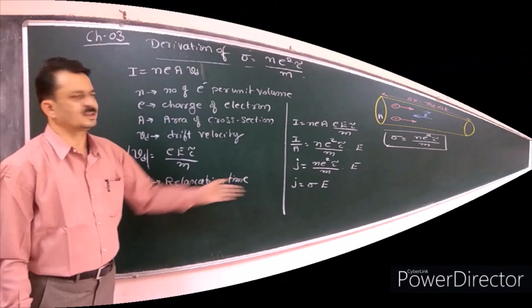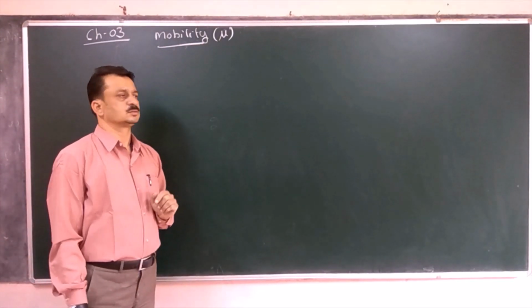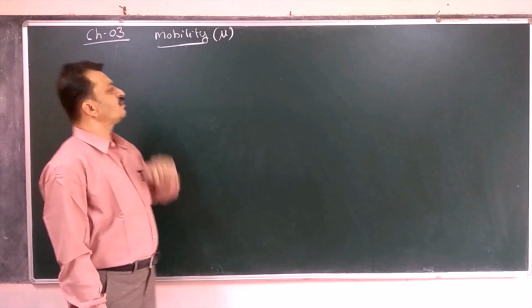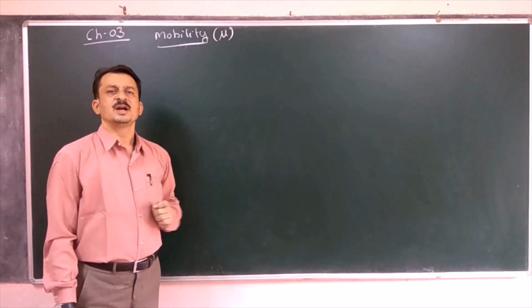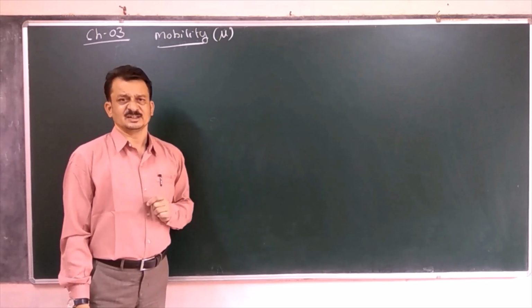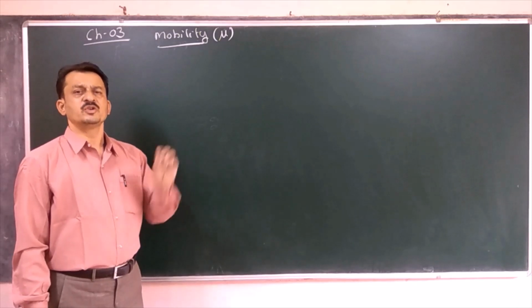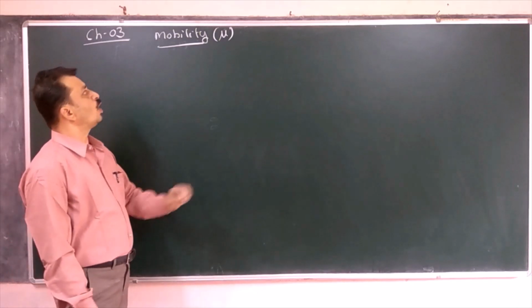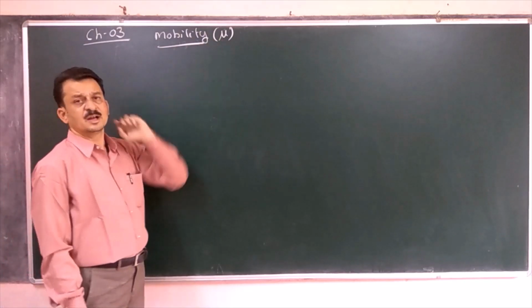Simple derivation. Next concept, mobility of an electron. Mobility of an electron is defined as the ratio of drift velocity per unit electric field, and it is denoted by the letter mu.